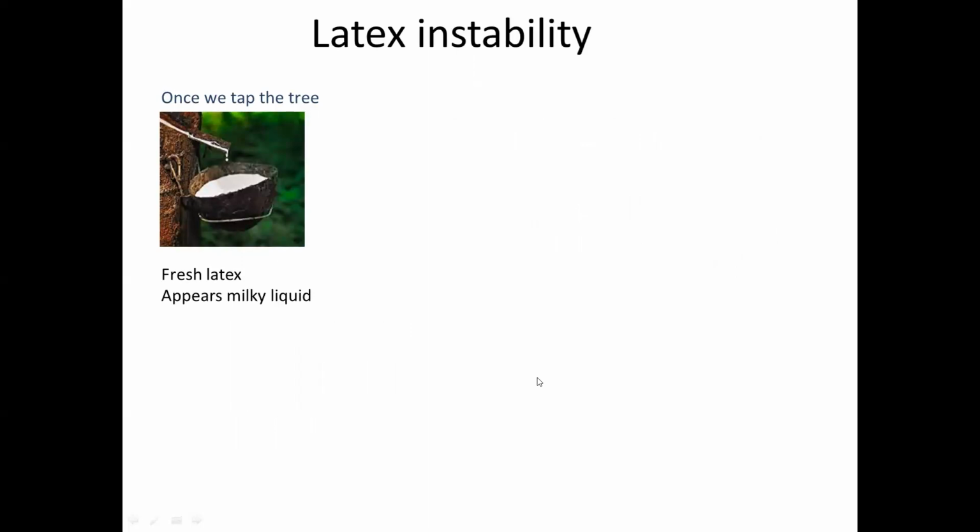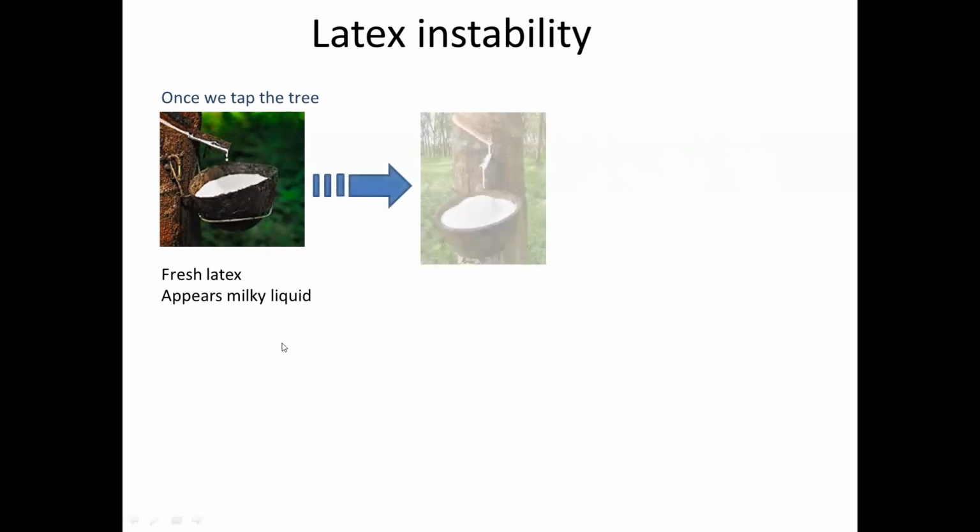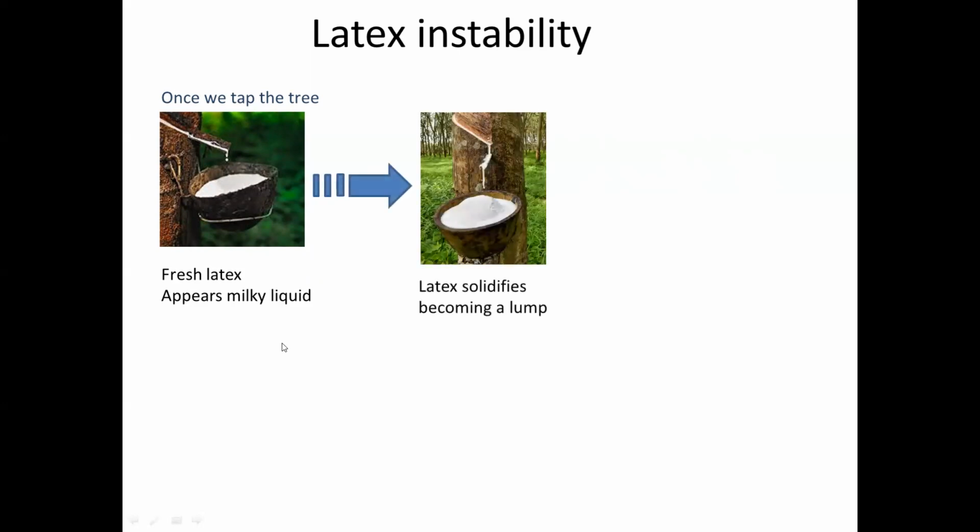Okay, so when you first tap a rubber tree, fresh latex appears as a milky liquid. Now, when you keep this latex for a certain period of time in this collecting vessel, the latex solidifies and becomes a lump.